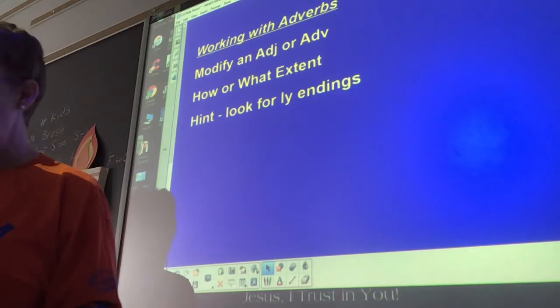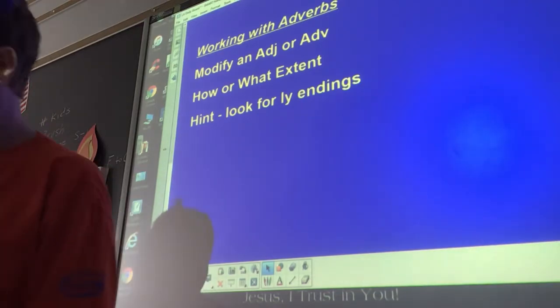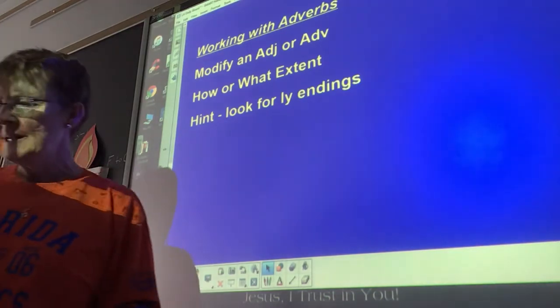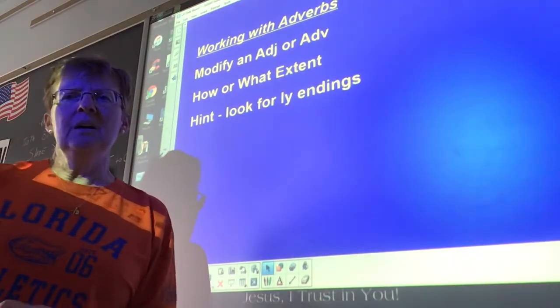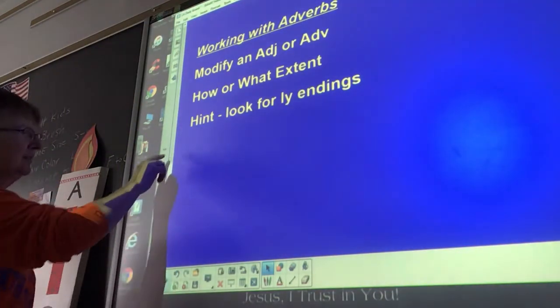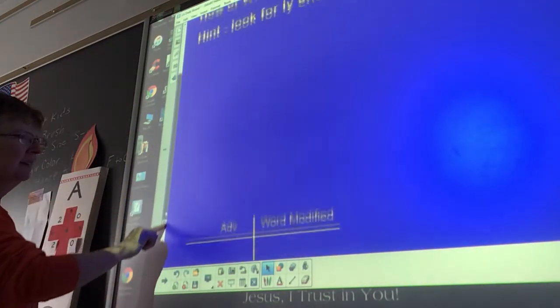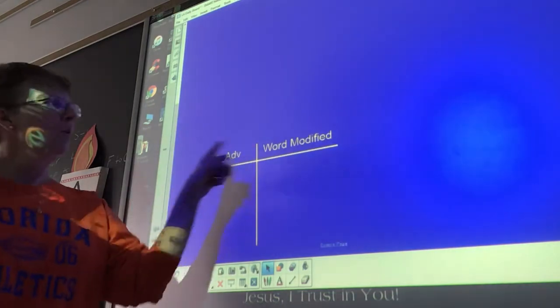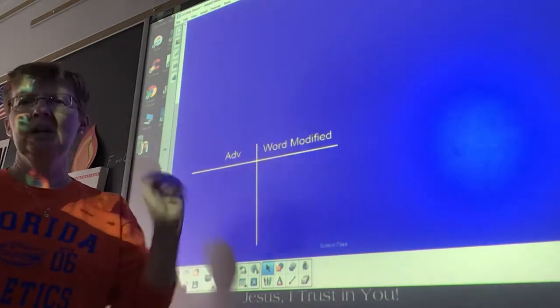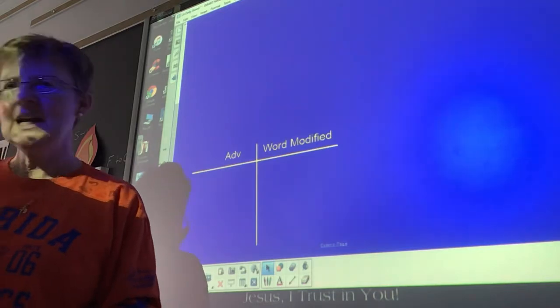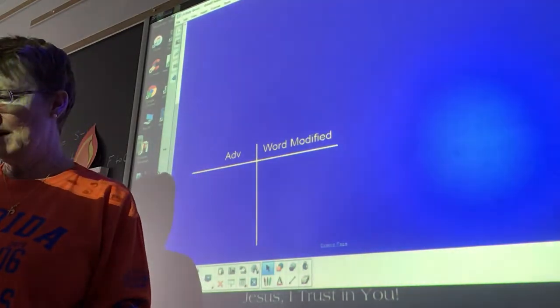For this assignment, it's on page 418, and we're going to use a table again, just like yesterday. And I have my table here, and we're going to look for the adverb, and we're going to then tell what word it is being modified by.